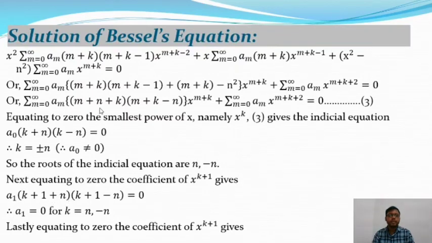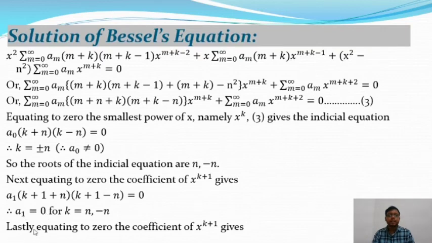Okay, when we put m equal to 1 in that section, we get a1 into (k plus 1 plus n) into (k plus 1 minus n) is equal to 0. So from this equation we get a1 equal to 0, for k equal to n, minus n. Okay, and here k is equal to n and minus n, so after putting this value we get a1 equal to 0.